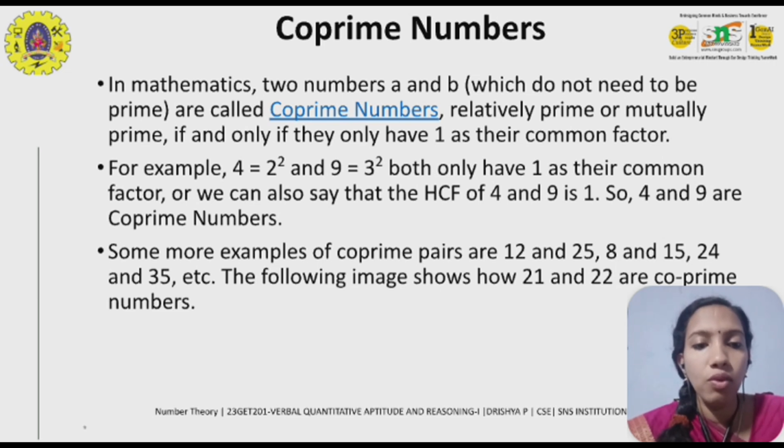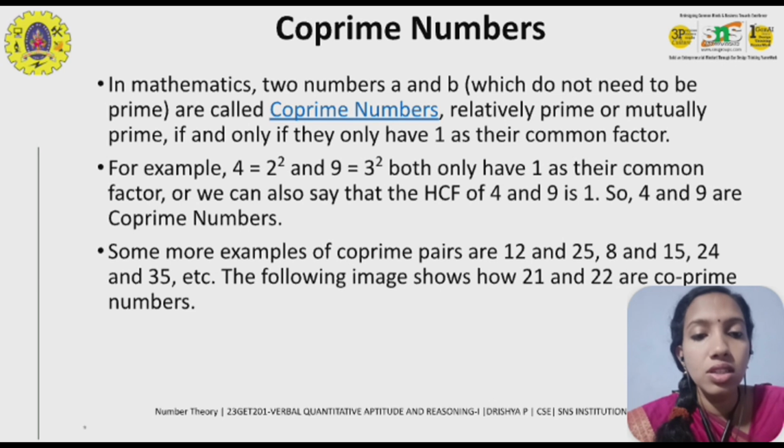Both only have 1 as their common factor. So 4 and 9 are both not prime numbers, but 4 and 9 are relatively prime. They have the HCF or GCD, the highest common factor, whatever you call it, equal to 1.